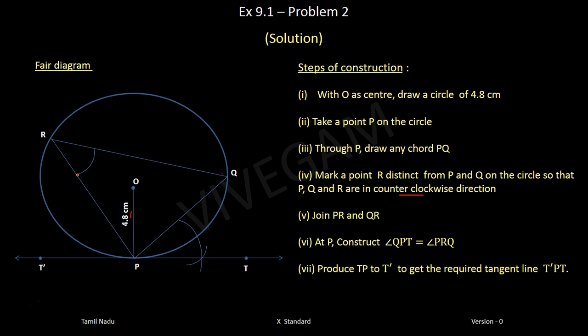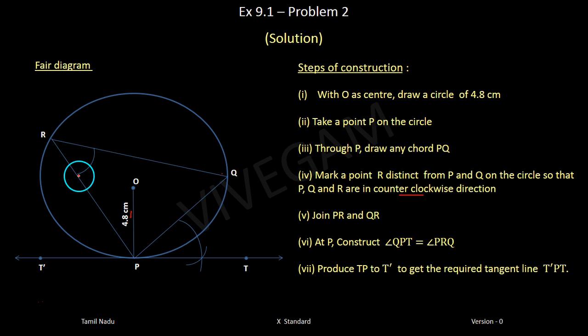With that as the radius and this point as the center, draw another arc, cutting the first arc. That will cut at one point. Join P and that point of intersection and extend it. That becomes a tangent. So this is how we draw the angle QPT, which is equal to PRQ.